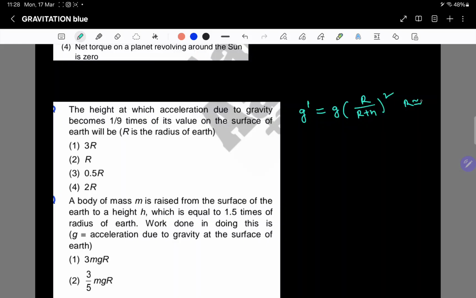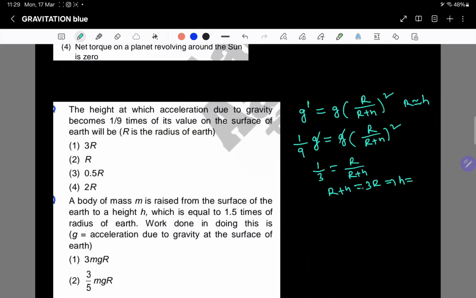Here g dash is 1 by 9 times g on the surface. So g by 9 equal to g into r by r plus h whole square. Normal simplification, g cancels. Taking the square to this side, 1 by 3 equal to r by r plus h. Cross multiplication: r plus h equal to 3r. So h equal to 3r minus r, that is 2r, students.